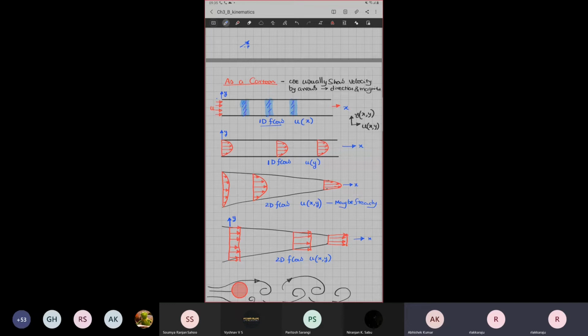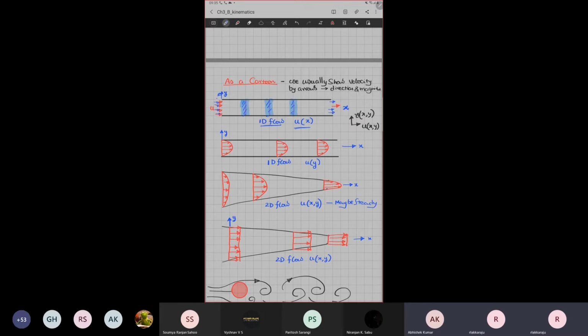A very simple configuration: fluid comes in one direction and leaves in that same direction. So u is only a function of the x coordinate. This is the x coordinate. u doesn't vary in the y direction. If such information is available, we will call it 1D flow.